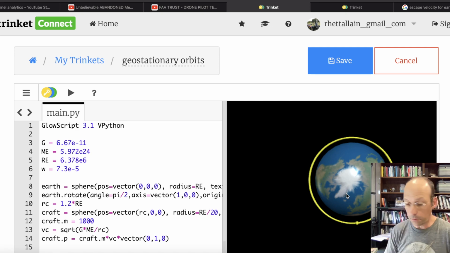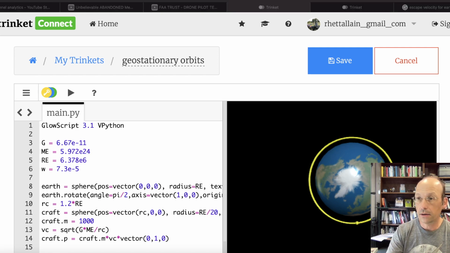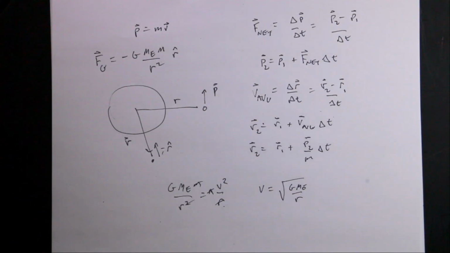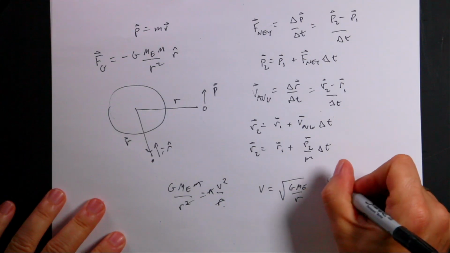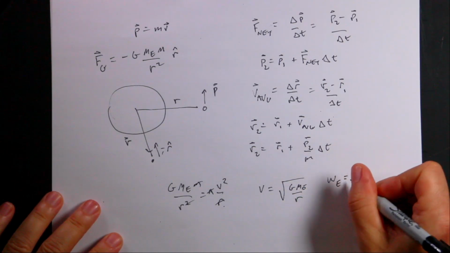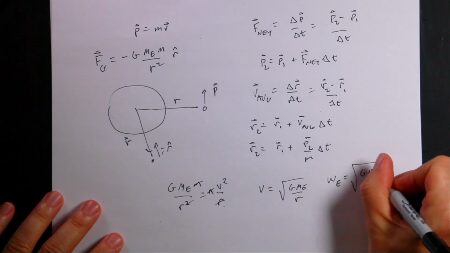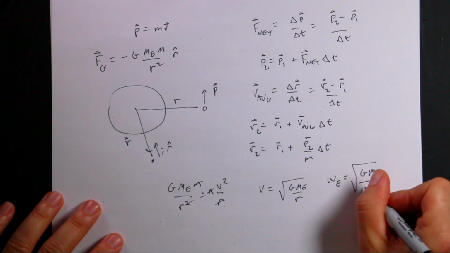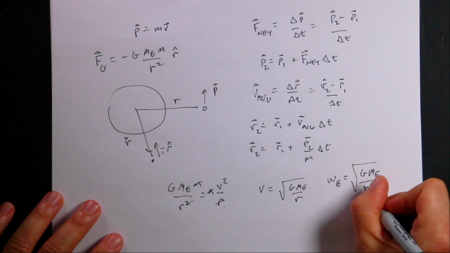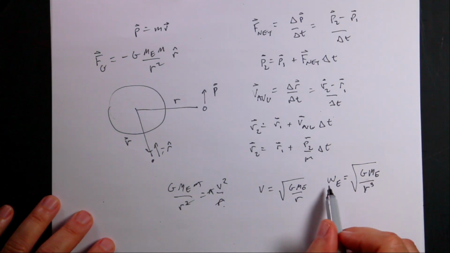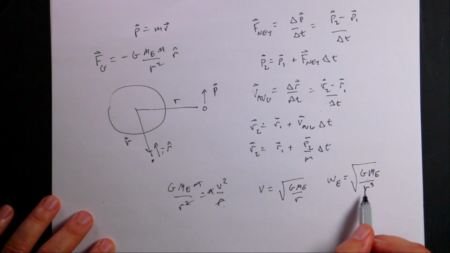Let's go back over to the paper real quick. It's a good thing I can switch back and forth. So I said omega Earth equals the square root of g mass of the Earth over r cubed. I want to actually solve for r, to find out the value of r.